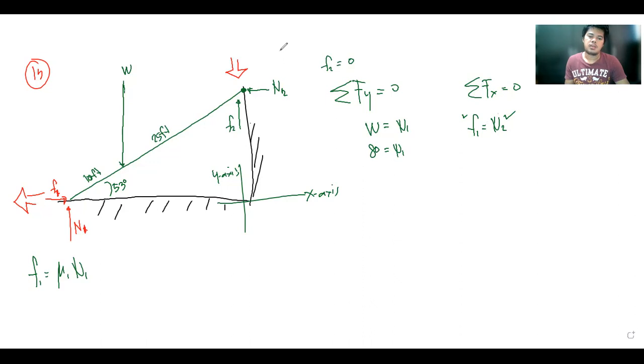However, we can make this one our reference point. Shall we say this would be point A, and the summation of moment at point A is equal to 0.